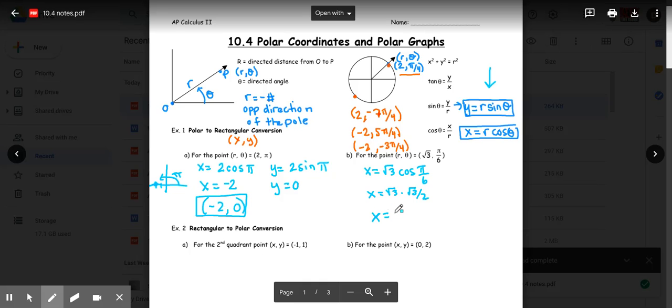Okay, x equals 3 over 2. And then y equals r, which is √3, times sine of pi over 6. And so sine of pi over 6 is 1/2. So that means my y is √3 over 2. So in rectangular form, we have the point 3/2, √3 over 2.